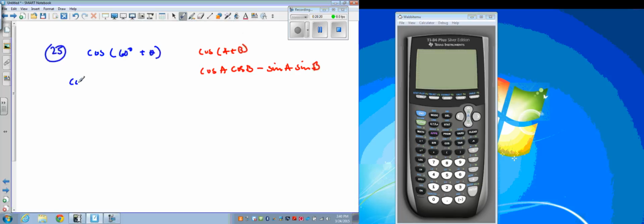So it's cosine 60 times cosine theta minus sine 60 sine theta.